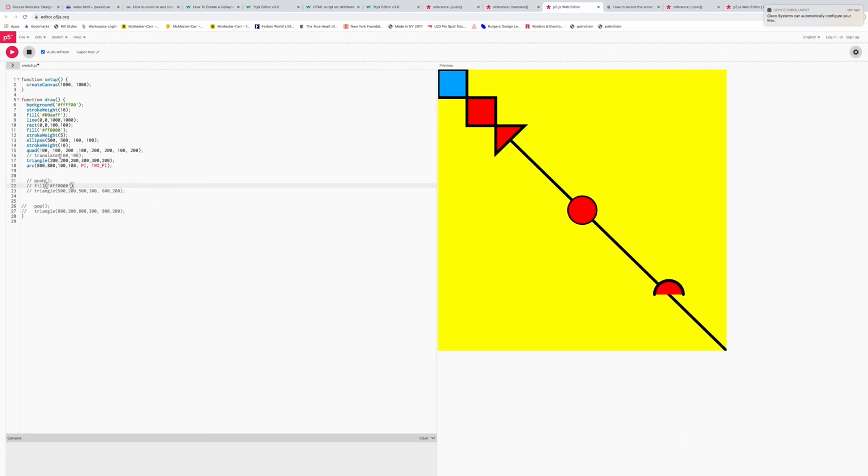Let's talk about changing a shape from its origin rather than going back to its initial coordinates and changing them. Let's say I want my triangle and my arc to be moved 100 pixels farther to the right and 100 pixels farther from the top. Well, I can use the translate function.